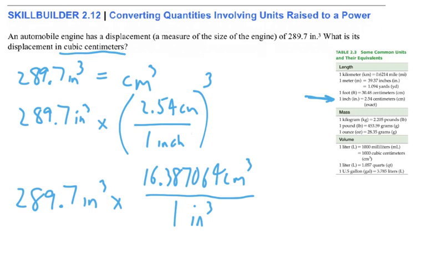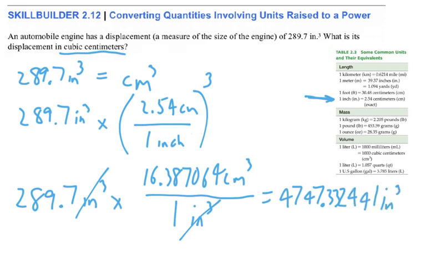Now these units are identical, so they will cancel. You're ready to do the math. When you multiply these two numbers, you get 4747.332441.